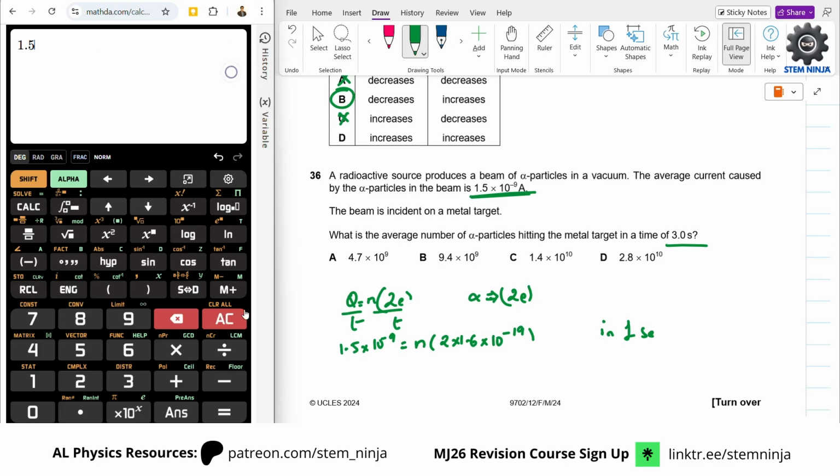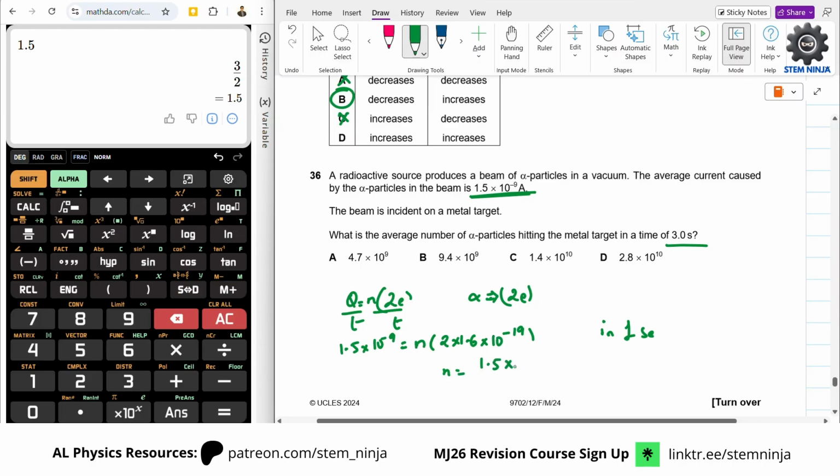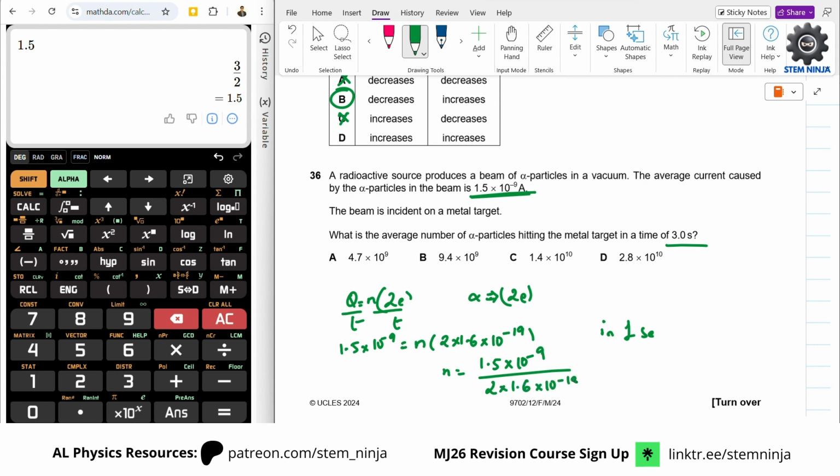And once we have it in 1 second, we can do that for 3 seconds. So first, 1.5 × 10^-9 divided by 2 × 1.6 × 10^-19, and then multiplied by 3.